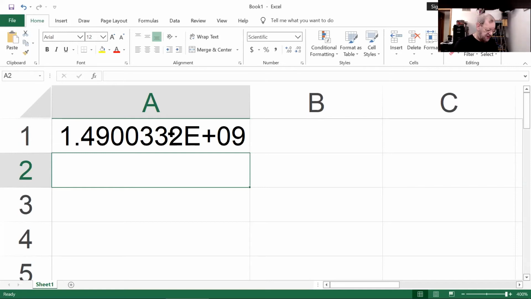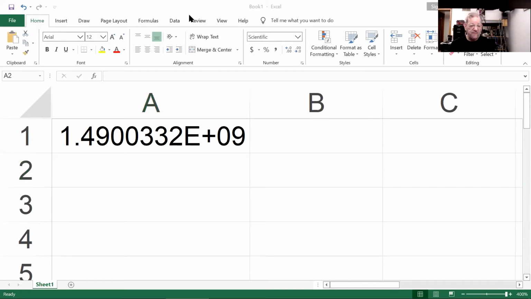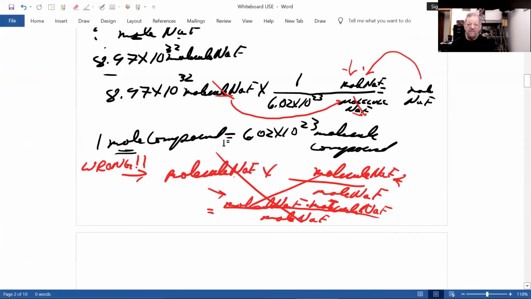So the answer here would be 1.49 times 10 to the 9th moles of sodium fluoride. And that's how you do it.